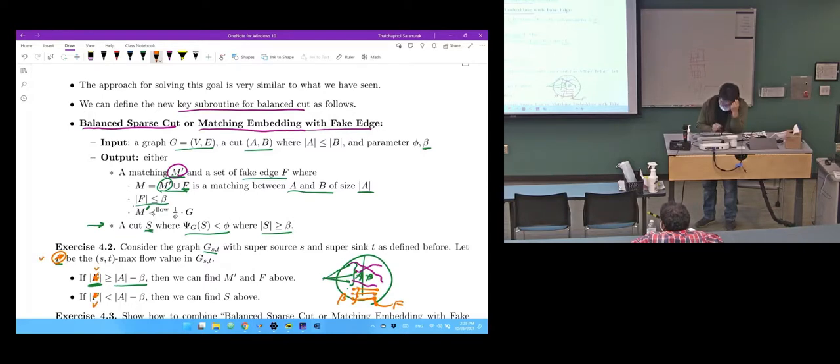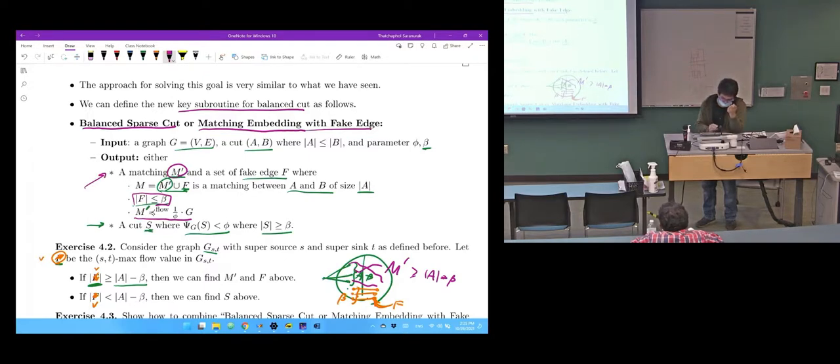These are the fake edges. So you have M' of size A minus beta, you can embed M' into G, and F is small. So this case is clear, you get the matching like this.